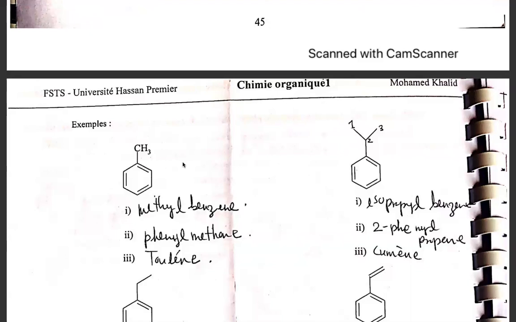Now, if we just decide to say, okay, this here is called benzene, it will mean totally something else. Benzene and toluene are two different compounds, but toluene is a derivative of benzene. So you get it.